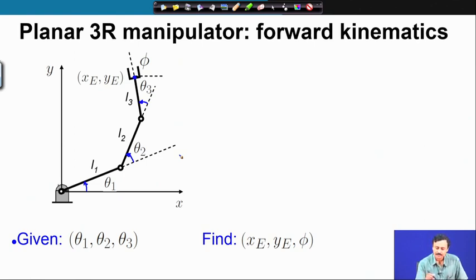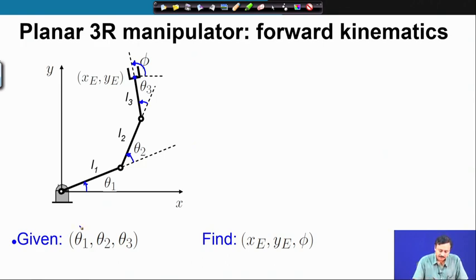Since this is a 3 degree of freedom manipulator, we can have 3 variables at our control: this x e and y e and the orientation angle phi.